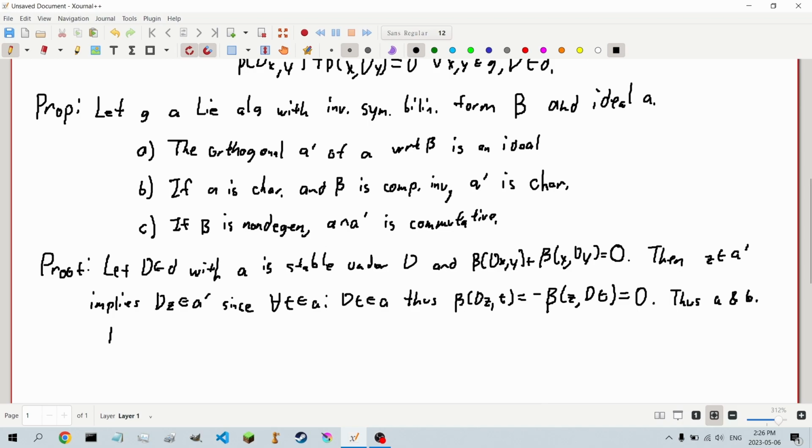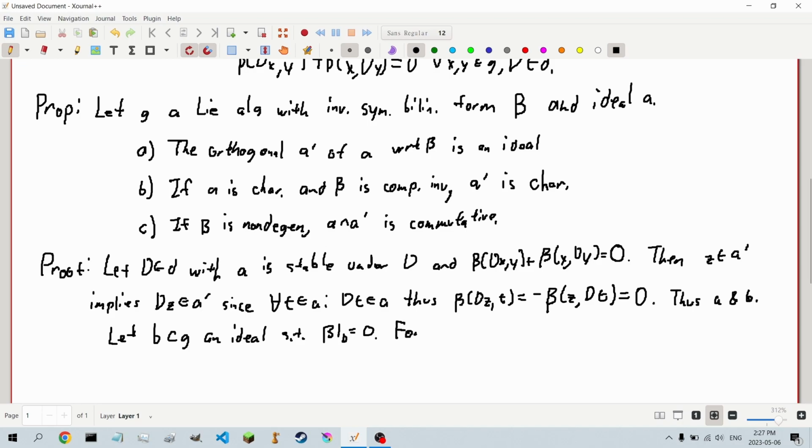Now we're going to let B be a second ideal of G such that the restriction of beta to B is 0.